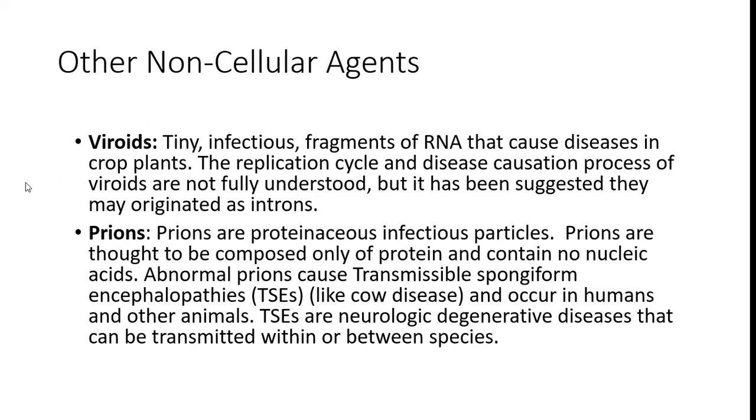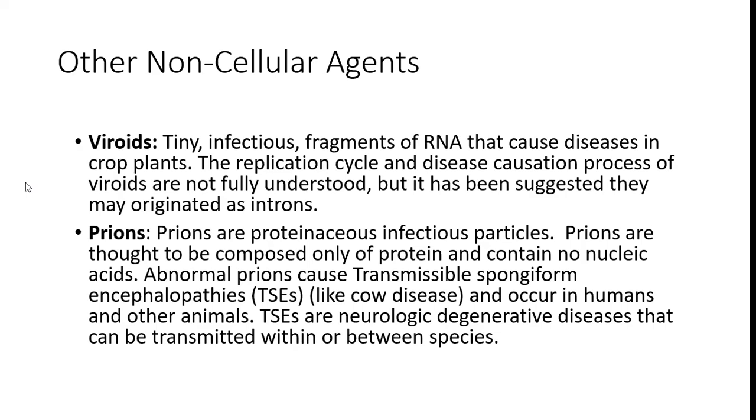There are two other items at the end of the chapter that I just want to point out. These are not viruses, but they're put here because they are also non-cellular, very small agents that can cause harm and disease in humans. One is what we call viroids. Please don't get that term mixed up with virion.